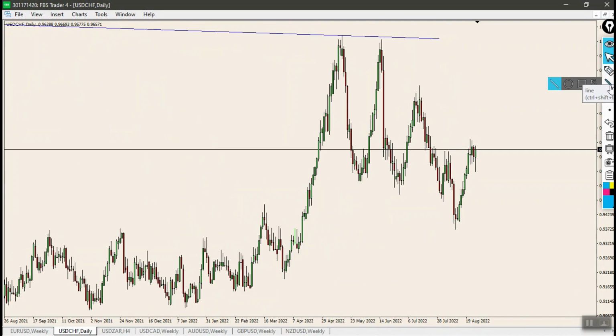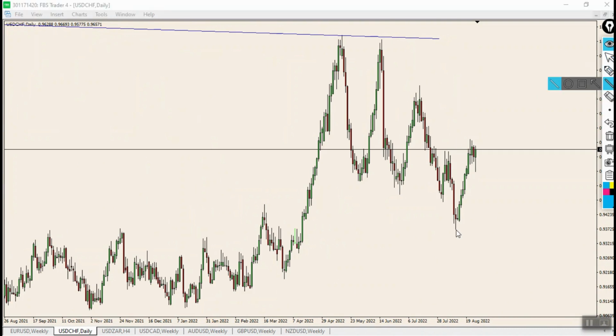But here I see a continuation pattern taking place on the daily chart, something like so, some sort of a bullish flag, confirming or validating our potential buy momentum from this impulsive move, and then we have this correction going up to the upside.